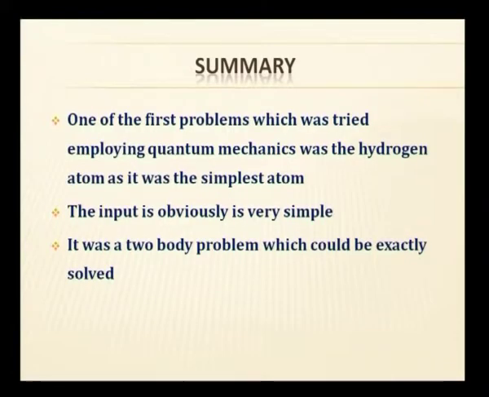It goes as follows. One of the first problems which was tried employing quantum mechanics was the hydrogen atom, as it was the simplest atom. It was a two body problem which could be exactly solved.